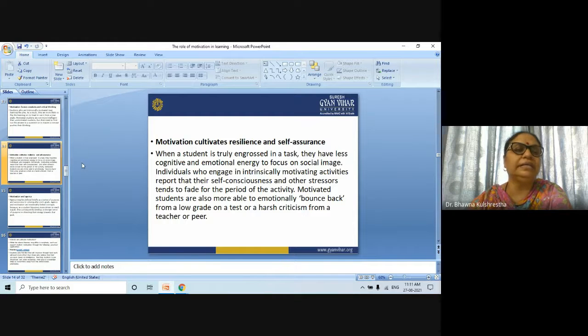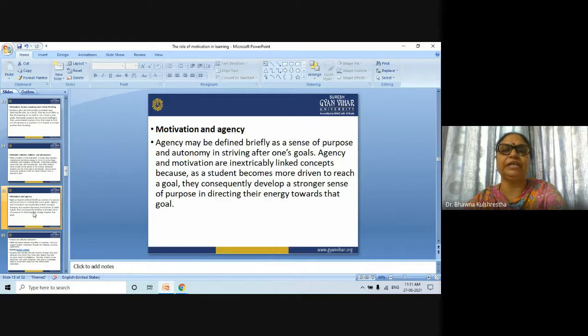And the next point is motivation and agency. Agency may be defined briefly as a sense of purpose and autonomy in striving after one's goals.